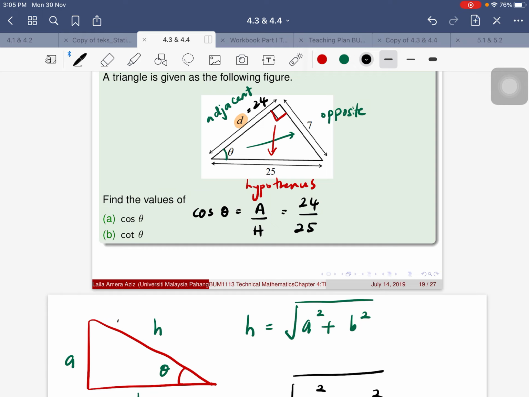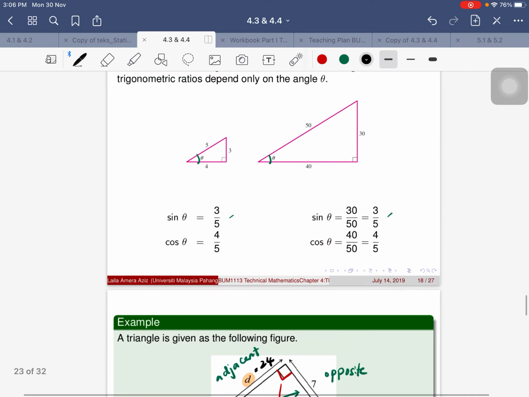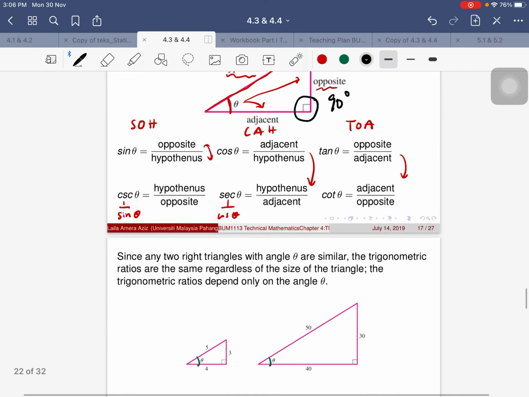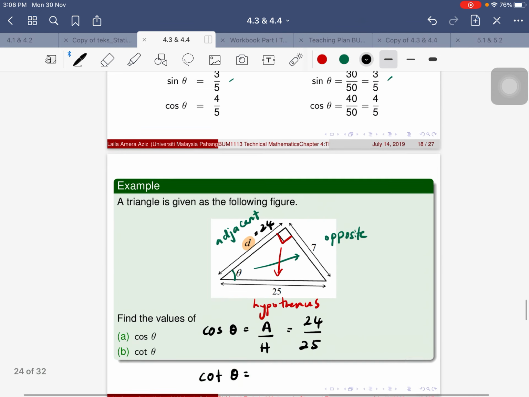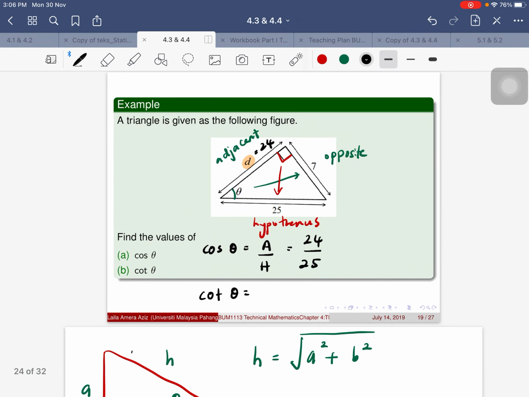And what about cotangent of theta? According to what we have over here, cotangent theta is going to equal adjacent over opposite. The reason is that tangent theta, from TOA, is opposite over adjacent.